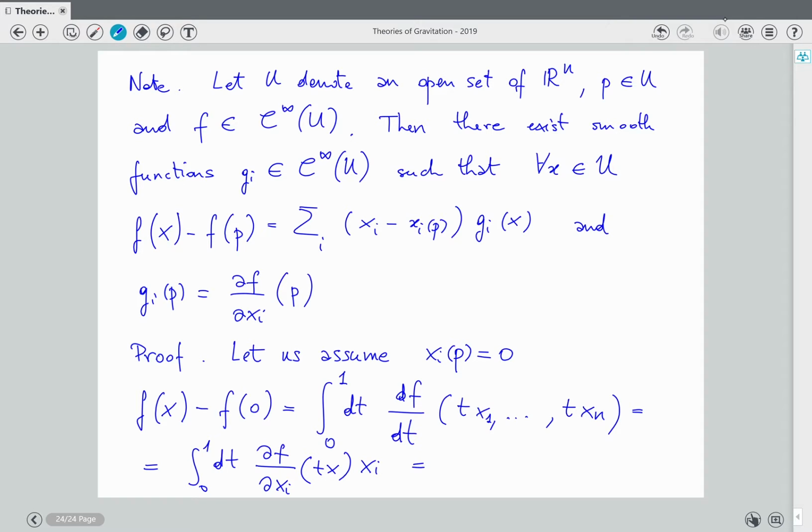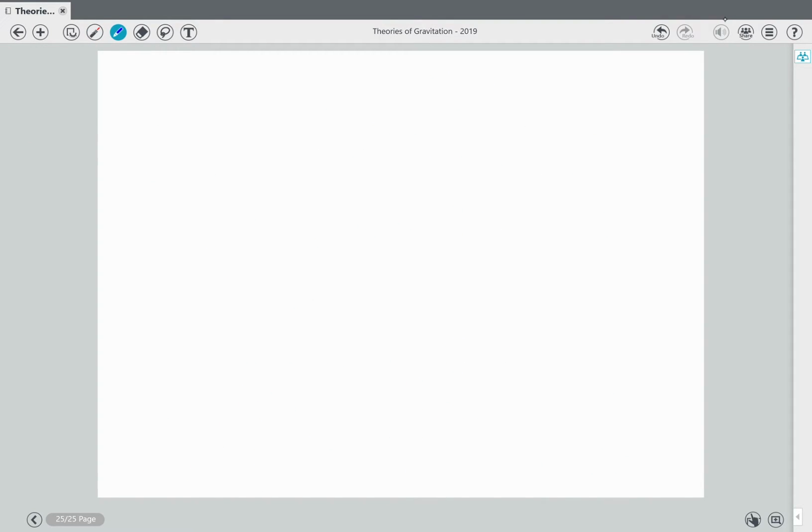So this can be written as xi gi of x, and gi of x is this object here, the integral of the partial derivative. So gi of x is the integral from 0 to 1 in dt of the partial derivative of f with respect to xi, calculated in tx.